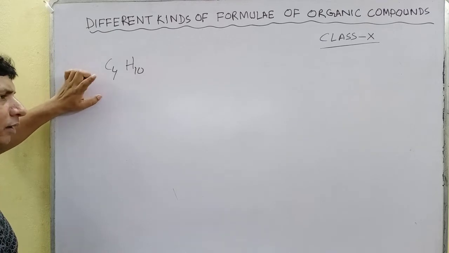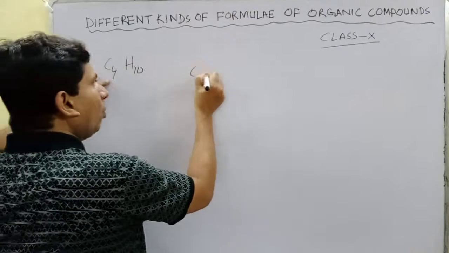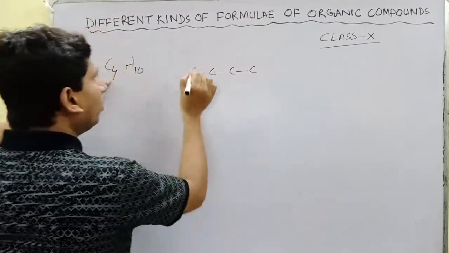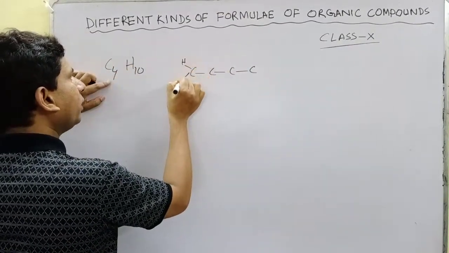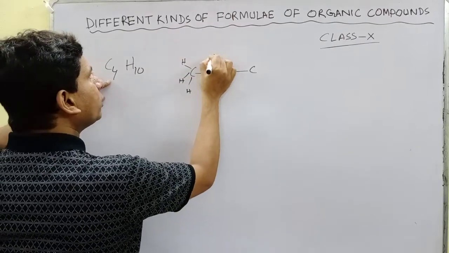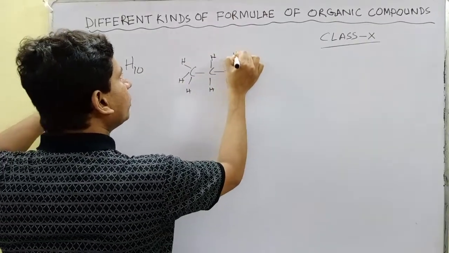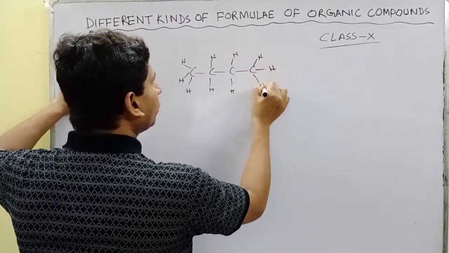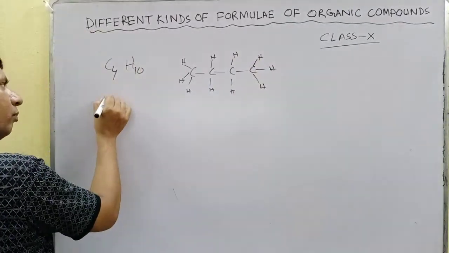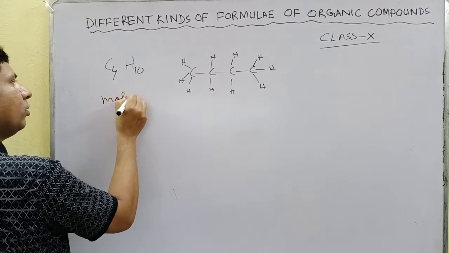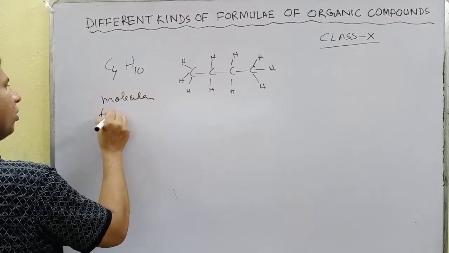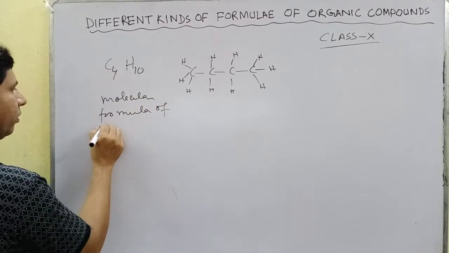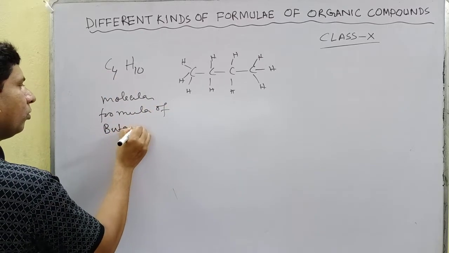We can write it as butane: 1, 2, 3, 4 carbons, with hydrogens attached to each. So this is the molecular formula of butane.